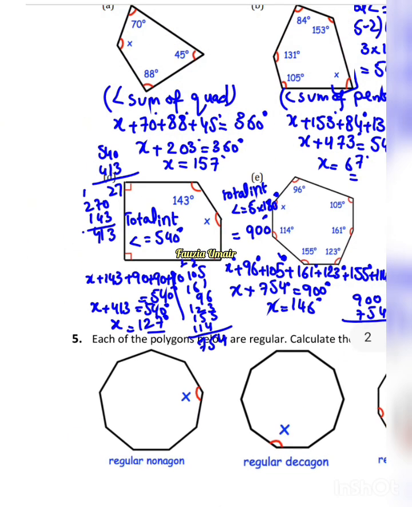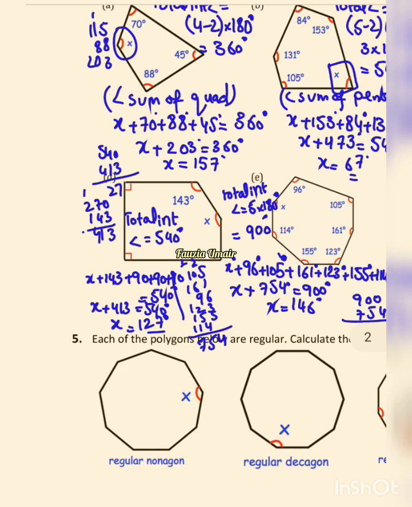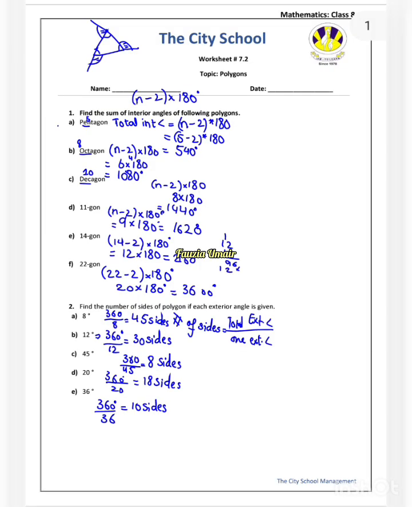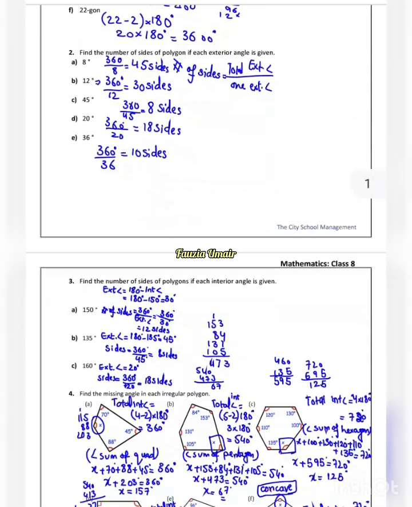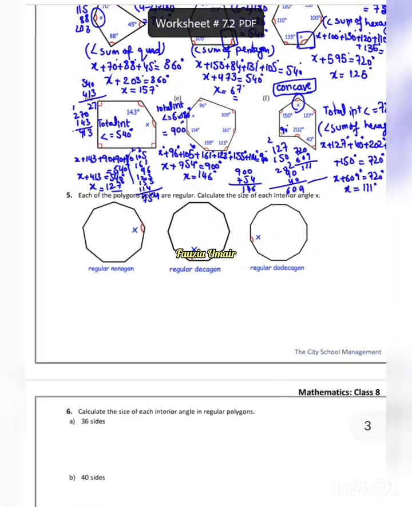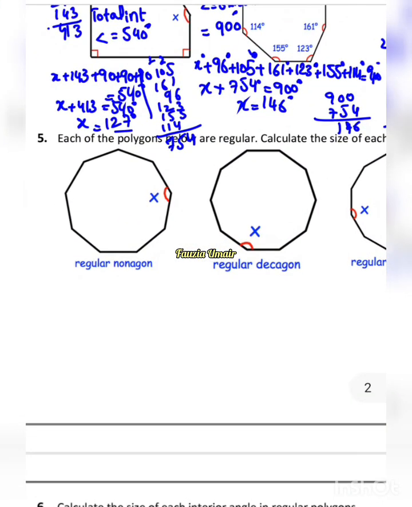So moving on to the next question. Oh sorry, it's not the last question, but it's written that question number 5 is that the polygons are regular.